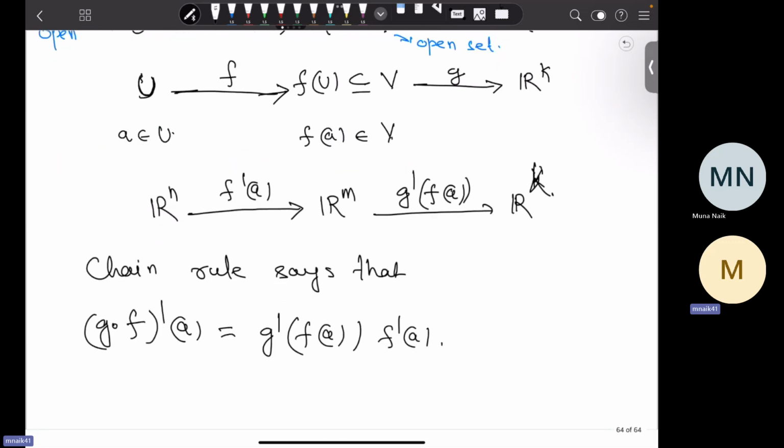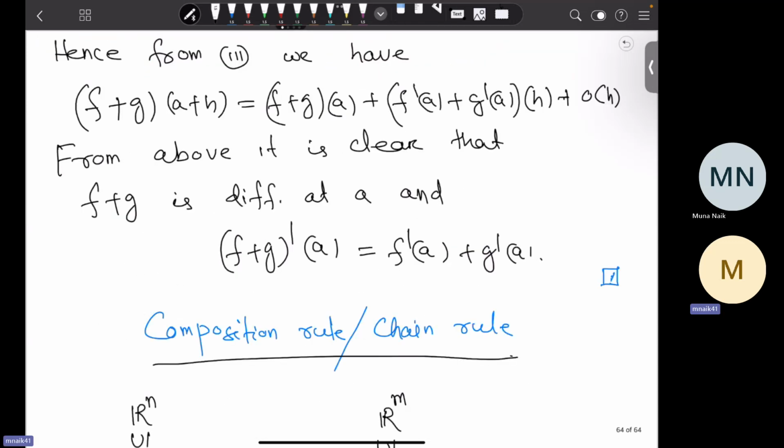Okay, so this is what we want to prove. This is the composition G'(F(A)) composed with F'(A).